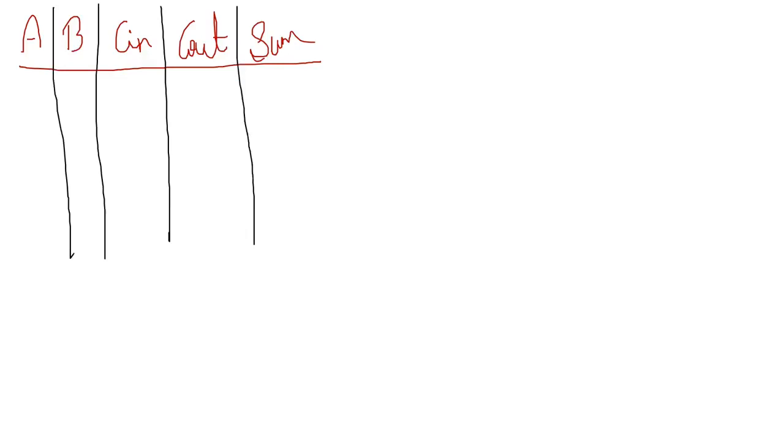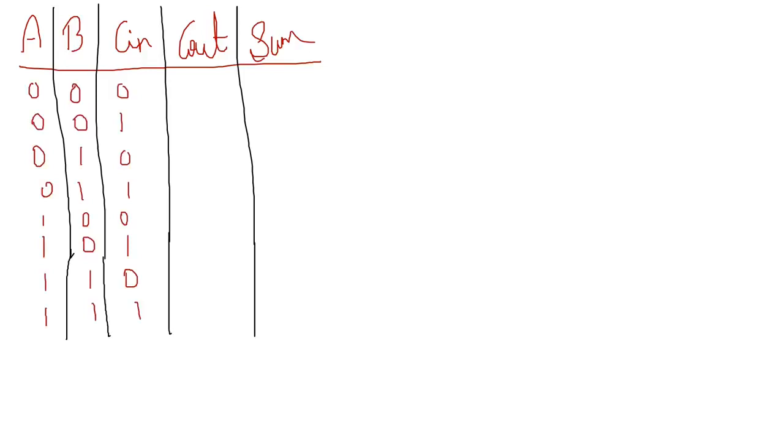Let me write the combinations. There are 3 inputs, so 8 combinations. So these are the possible combinations: 0 0 0, 0 0 1, 0 1 0, 0 1 1, 1 0 0, 1 0 1, 1 1 0, 1 1 1.